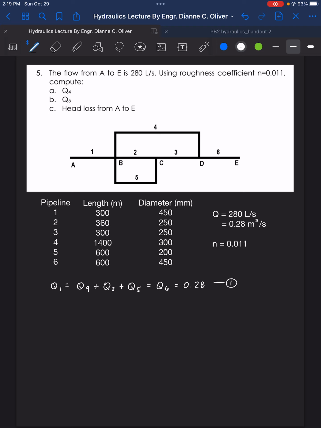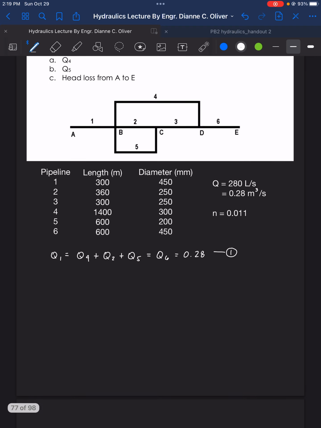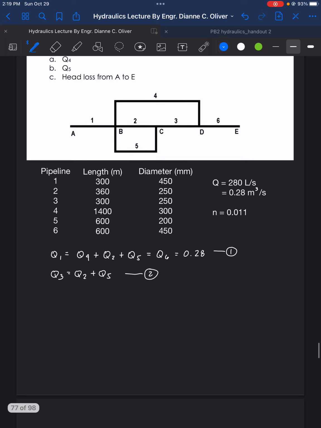Now equation 2, we have here Q sub 3. The flow for pipe number 3 is equal to the combined flow from 2 and 5. So Q sub 3 is equal to Q sub 2 plus Q sub 5. And that is our second equation. Next, we have here the flow at 6.